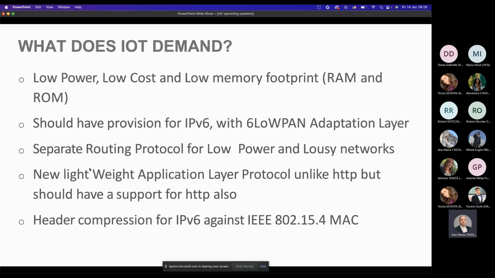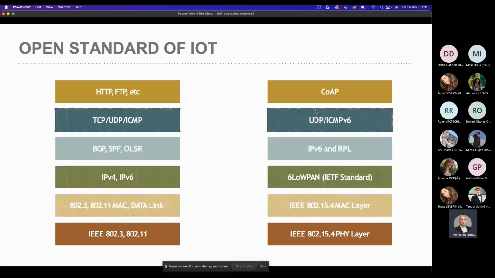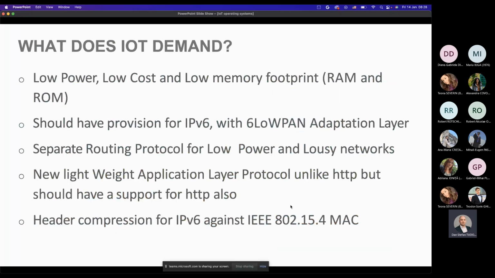Usually there are new and lightweight application layer protocols, such as CoAP here, which, unlike HTTP, have their own particularities, but some of the operating systems also provide support for HTTP as well. We're going to see in the demo, for example, a way to connect through a simple web browser to one of the nodes that we're going to simulate in the network, and it's done through HTTP.